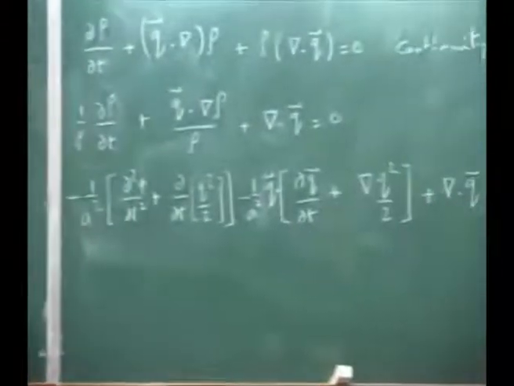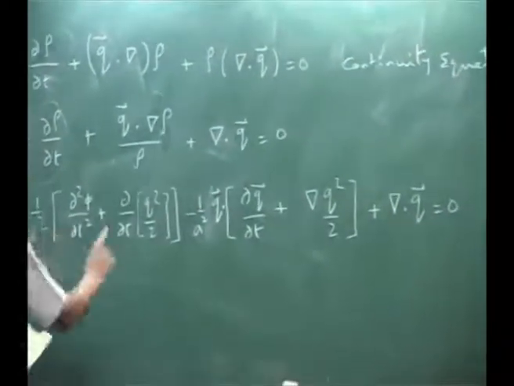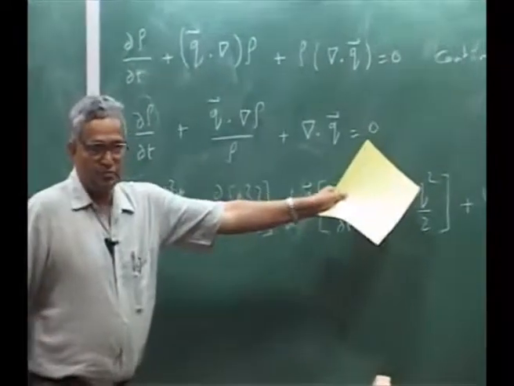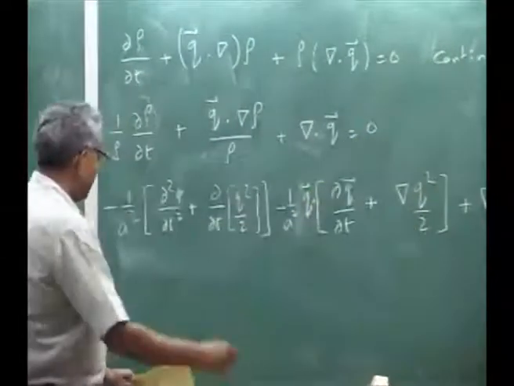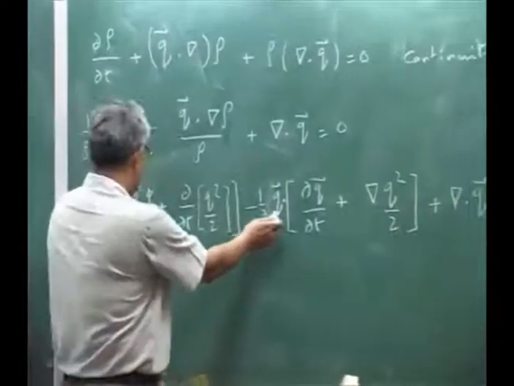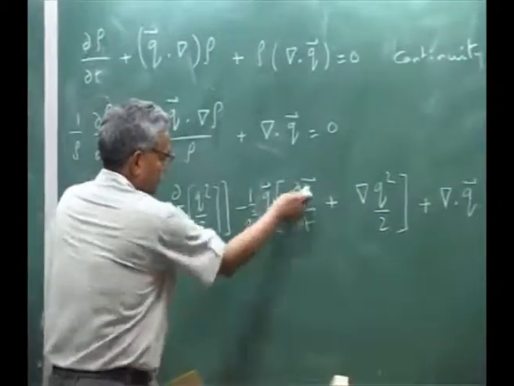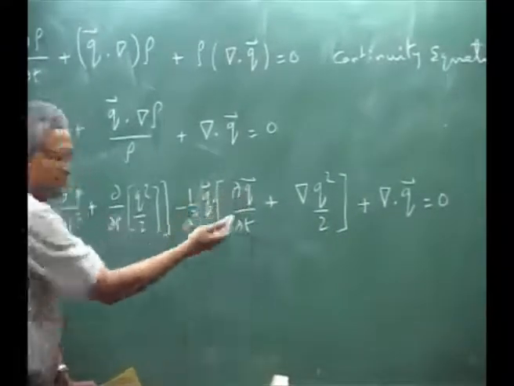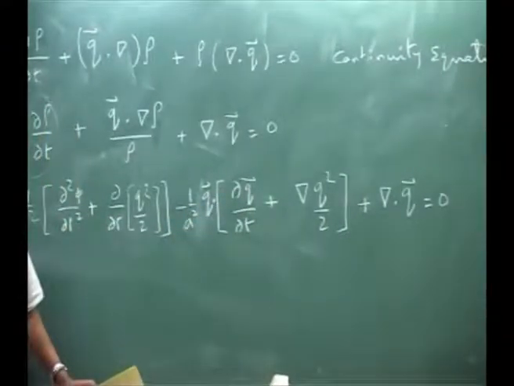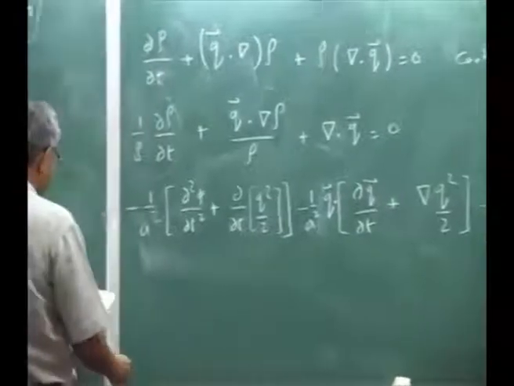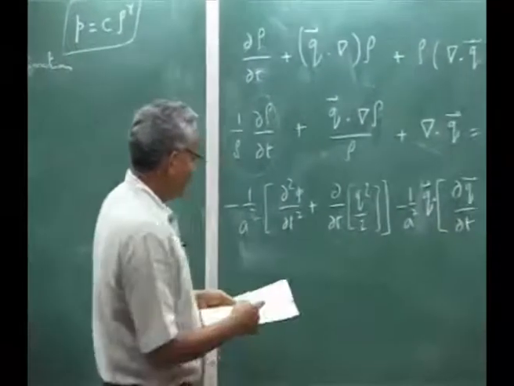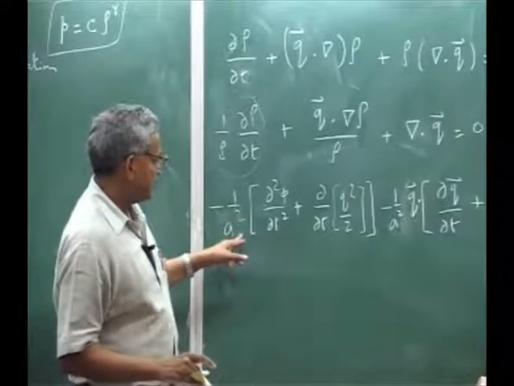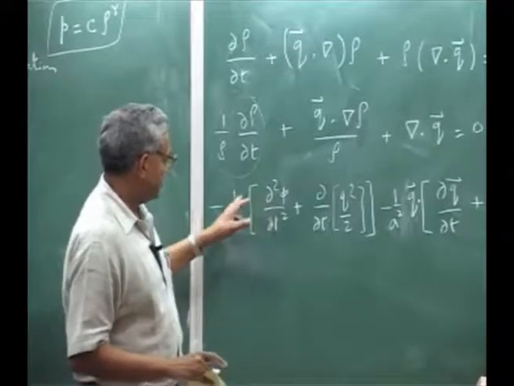Okay. Now this entire equation can be written as del q, and this is nothing but q dot, this will go inside. So I will have q dot delta q by delta t, I can have q square. Okay. So I will write it like, and you look at this term. This is 1 over a square del square.